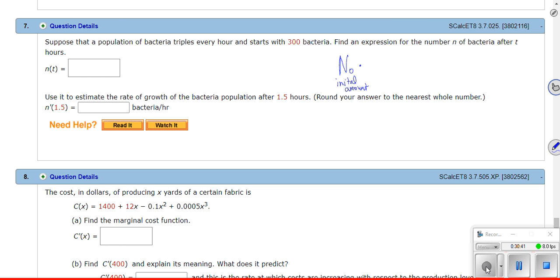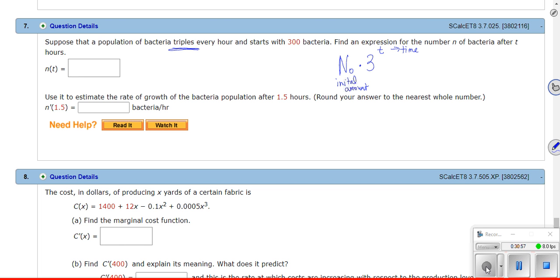In this case, because it says it triples, my base is going to be a 3, and then up here is always your time. Your time is in your exponential spot.